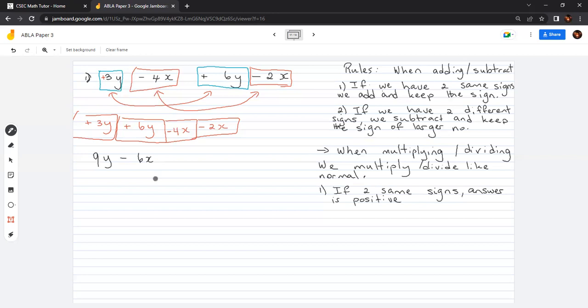And if you have two different signs, answer is negative.